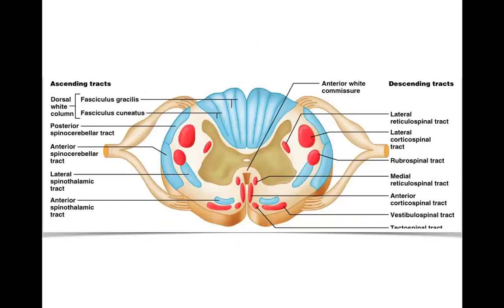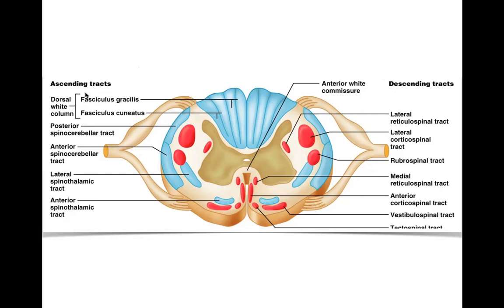So functionally, the tracts found in the spinal cord can be divided into ascending tracts and descending tracts. Ascending tracts simply means that the tracts originate from the peripheral nervous system and ascend and terminate in the higher centers, such as the cerebrum or the cerebral cortex.